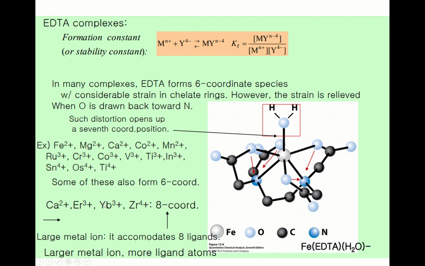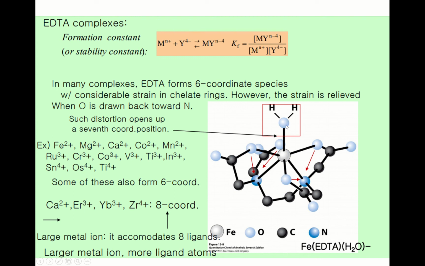But some species form six coordinate complexes. Very interestingly, the calcium ion, erbium, ytterbium, and zirconium ions have eight coordinate compounds.